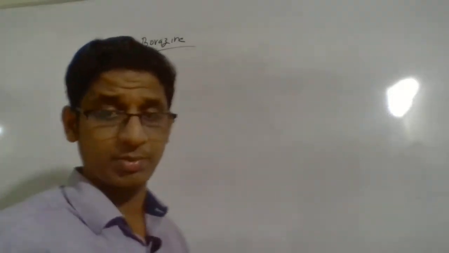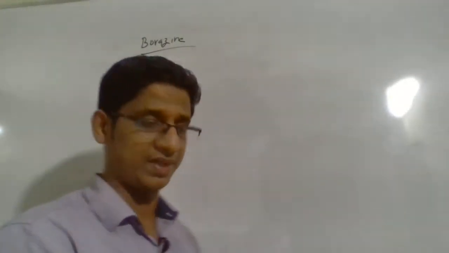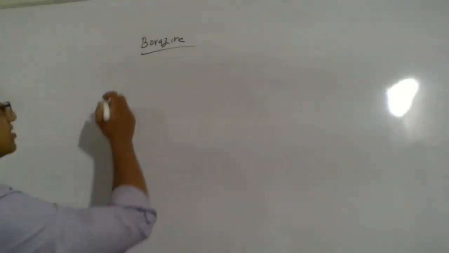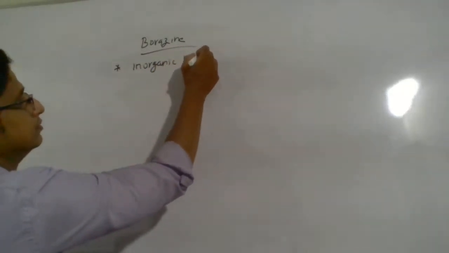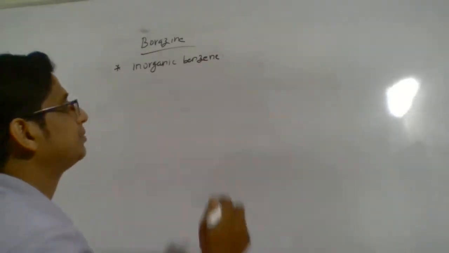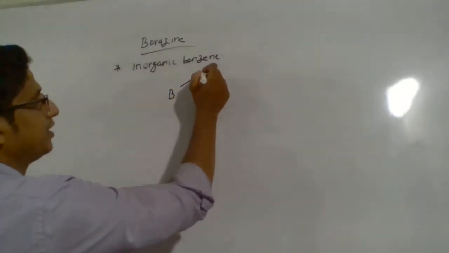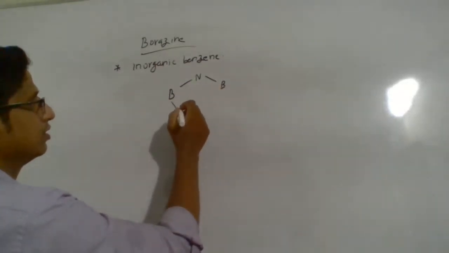The first point you can remember about Borazine is that it is popularly called inorganic benzene. Why is it so? You will understand if you look at the structure. Boron, nitrogen, boron.